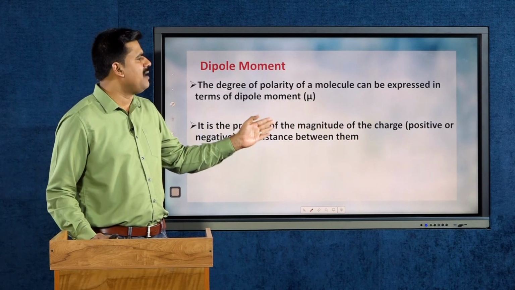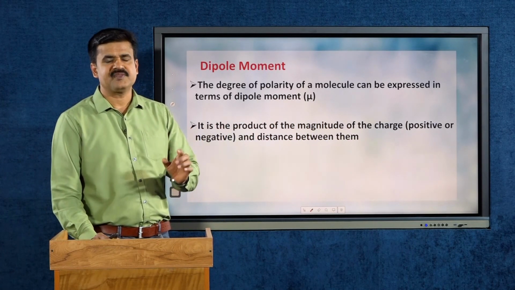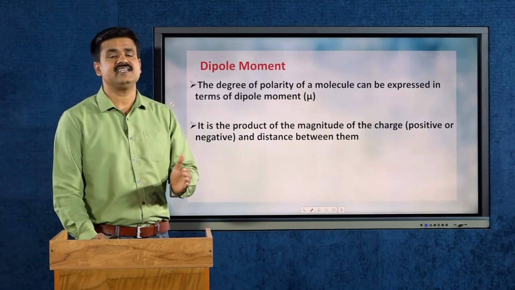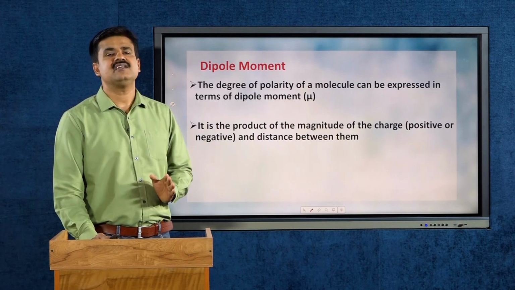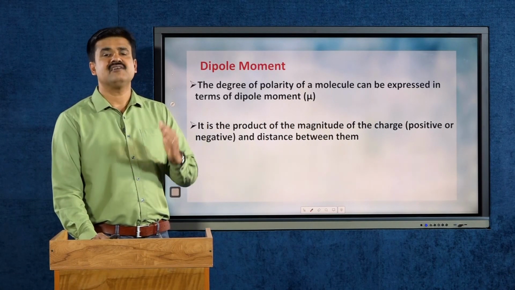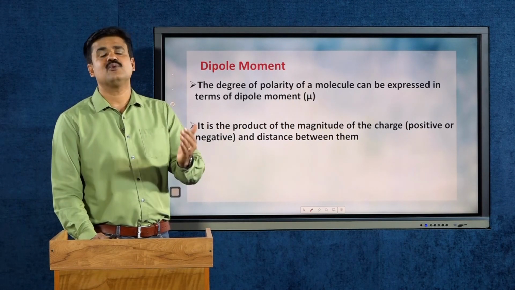Here, the magnitude of the charge, either positive or negative, means in a dipole, the magnitude of the positive charge is exactly opposite to that of the negative charge. Therefore, in measuring the dipole moment, we have to consider the magnitude of either the positive charge or the negative charge.